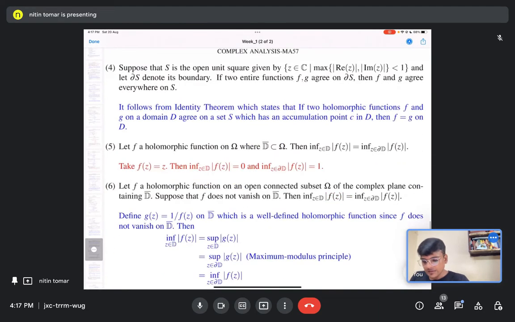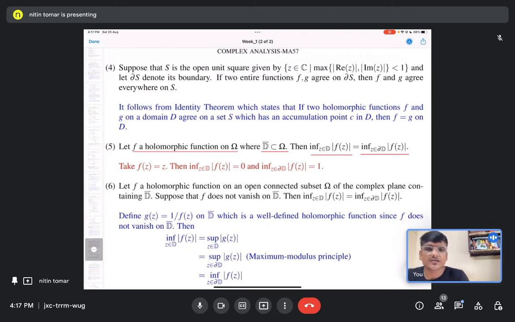Okay. Now the question is, if f is a holomorphic function on some domain omega, and the closed unit disk is contained in omega, then the infimum of modulus of f(z) over z varying over the open unit disk, is it the same as the infimum of modulus of f(z) with z varying over the boundary of the open unit disk?